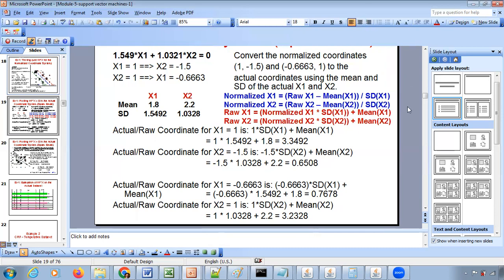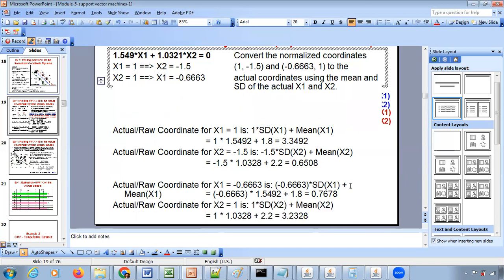Similarly, for this negative 0.663, which is the normalized x1, its actual x1 is obtained by multiplying the normalized value times the standard deviation of x1 plus the mean of x1. So we get 0.7678.